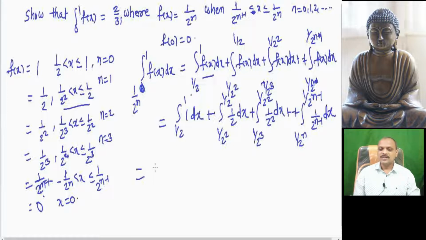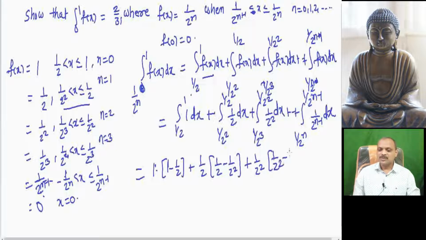Every value is a constant, so 1 into the integration of x, so this is 1 minus 1 by 2, plus 1 by 2 constant and integration, 1 by 2 minus 1 by 2 square, plus 1 divided by 2 square times 1 by 2 square minus 1 by 2 raised to 3, plus here 1 divided by 2 raised to n minus 1 times 1 divided by 2 raised to n minus 1 minus 1 divided by 2 raised to n.